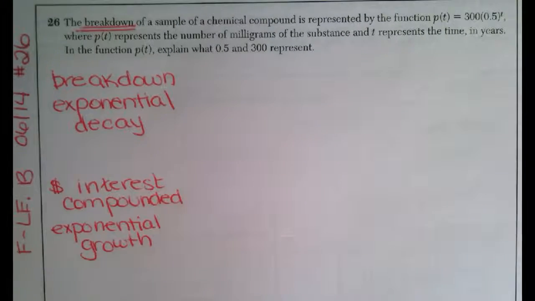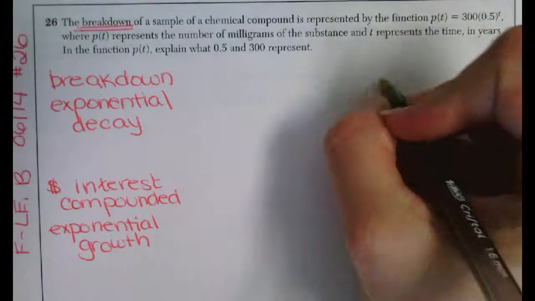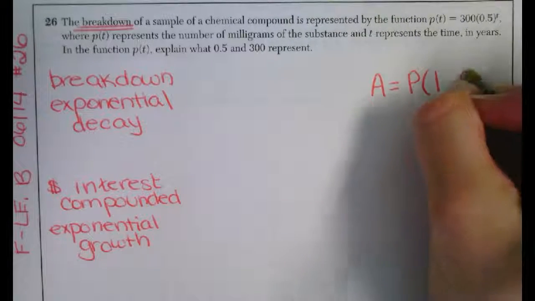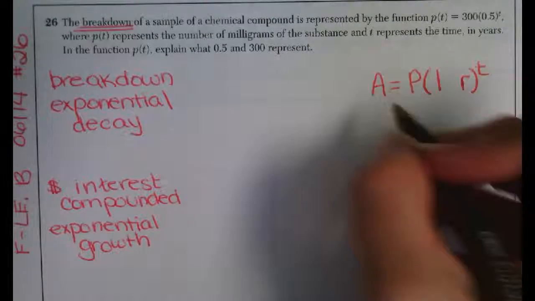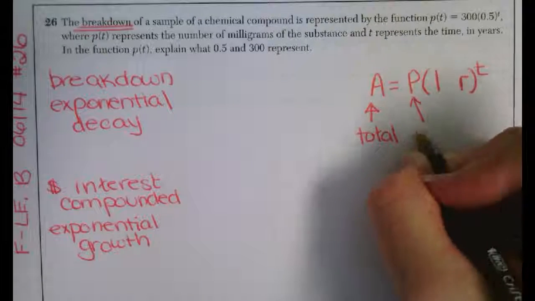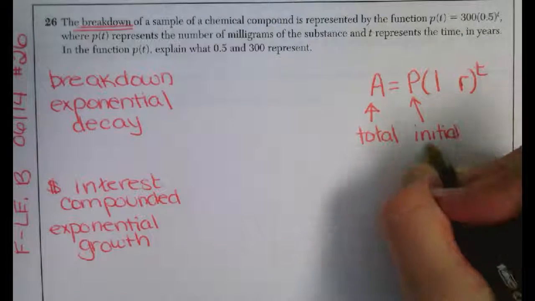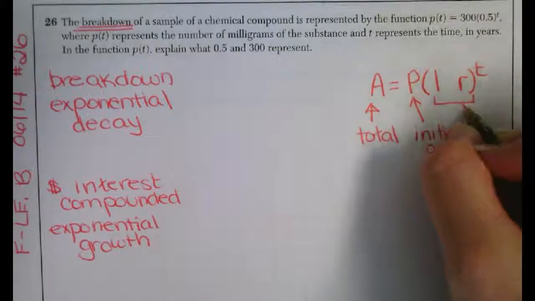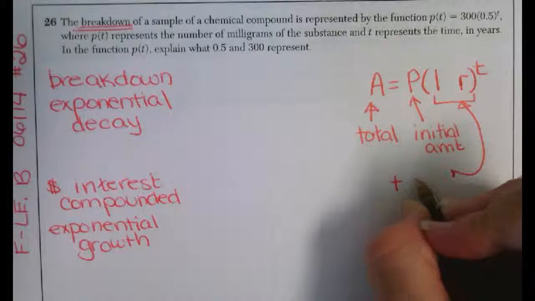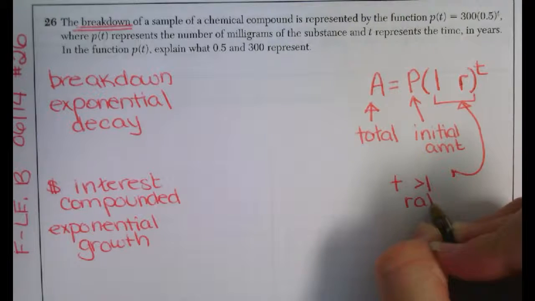Now, the equations that match up for this are going to be A equals P(1 + R)^T, where A is the total, P is the initial amount, and 1 plus R, if it's positive or if it's greater than 1, that's going to be our rate of growth.